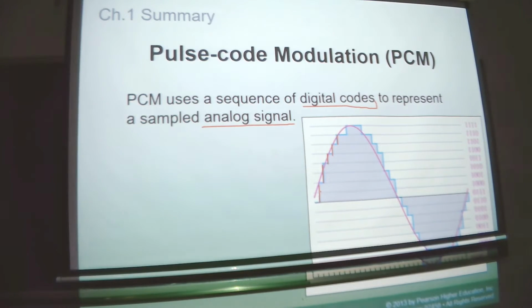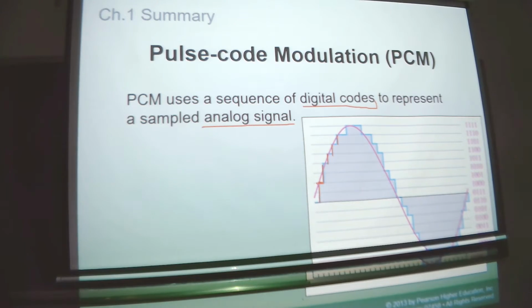We only sample the signal at these discrete times. So the value at this time can be stored and represented by digital codes.